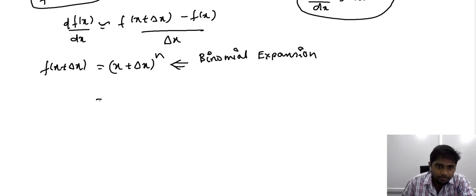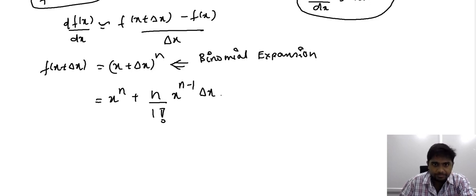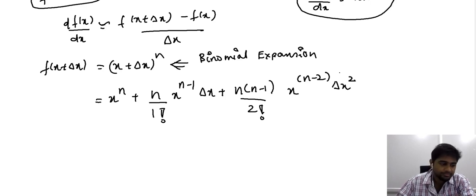That is x power n plus n by 1 factorial x power n minus 1 delta x plus n into n minus 1 by 2 factorial x power n minus 2 delta x square.